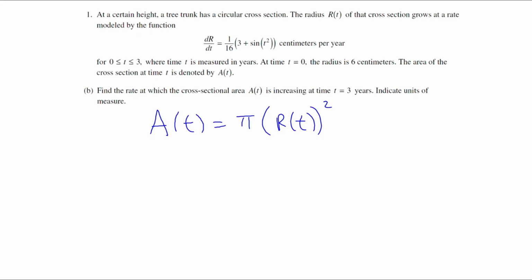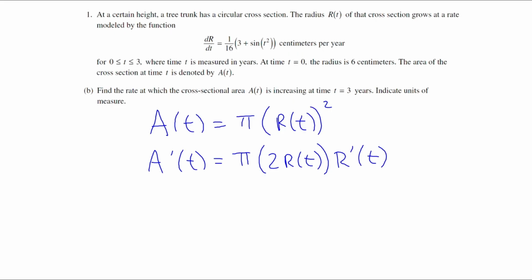And if we want to find the rate at which that area is increasing at t equals 3, we need its derivative. Right? So a prime of t should be pi times the derivative of r of t squared, which will be 2r of t. But then the chain rule says you have to multiply by the derivative of r, which will be r prime of t. So that's our expression for a prime.